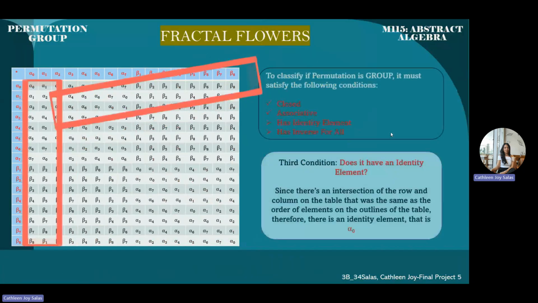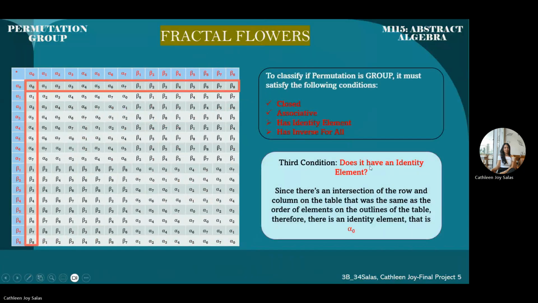So for the third condition, does it have an identity element? Since there's an intersection of the row and column on the table that is the same as the order of the elements on the outlines of the table, therefore an identity element exists, which is alpha sub 0.